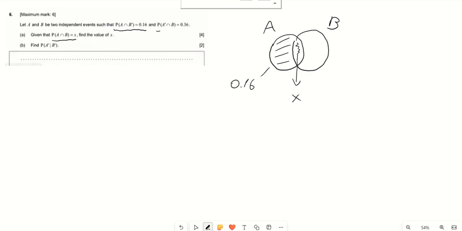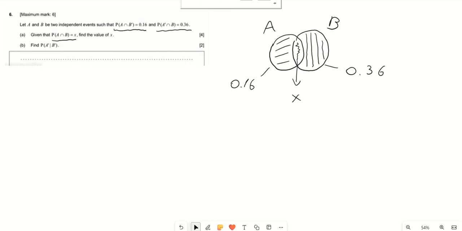And now for the second thing that is given, we have the probability for the complement of A intersection with B. So everything that is in B and that is not in A. So this will be this. This is 0.36.